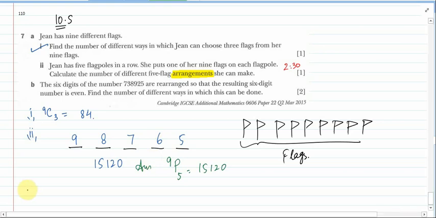It's part B. It says the 6 digits of the number 738925 are rearranged so that the resulting 6 digit number is even. Find the number of different ways in which this can be done. Now this is the same type of question we have attempted in an earlier session. So you have 6 digits.